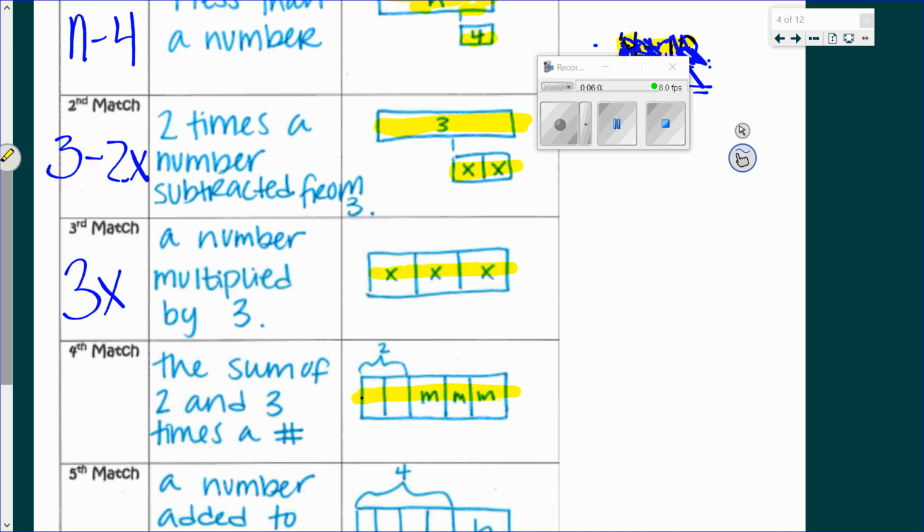This is an addition expression. The whole is made up of a combination of 2 parts. So to write this expression, I would say 2 plus 3m. 2 plus 3m.